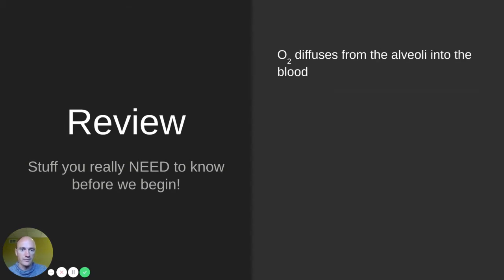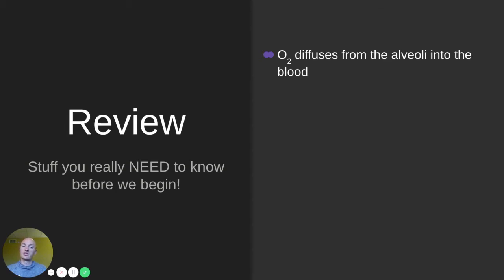Okay, next. Oxygen, which I'm going to represent with this purple double circle throughout my animation, diffuses from the alveoli, right? We suck that into the blood. The blood that's surrounding your lungs is coming there having given up a lot of its oxygen.